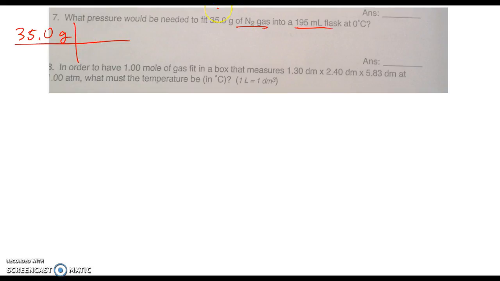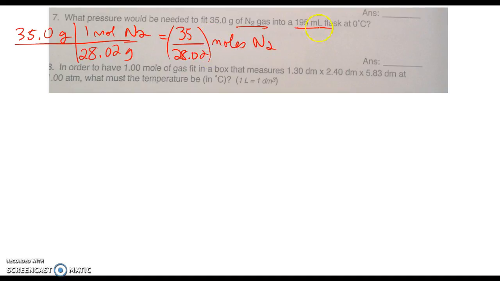And I think 14, I'm looking at my 14.01, so 28.02 grams in 1 mole of N2 gas. And guess what? Because I don't want to round, I'm just going to take this as a fraction and say, here are my moles of N2.